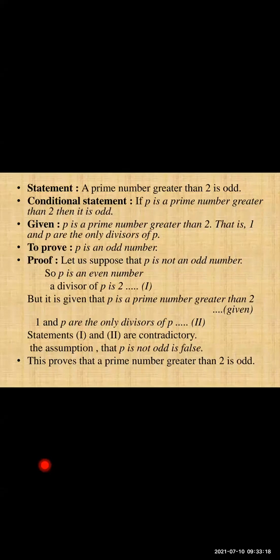So this is the indirect proof. Whatever is to be proved, we consider its contradiction: we suppose that the given part is not possible. We take the opposite direction and prove according to that.